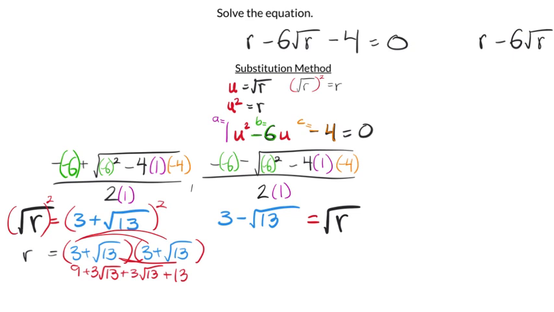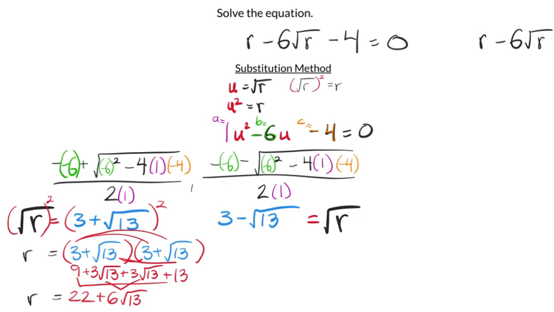So now, by combining like terms, I've got the 9 and the 13, which ends up being 22. And then I have my square root of 13 terms, 3 plus 3 of those, which is positive 6. So r, right now, ends up being 22 plus, whoops, forgot the square root of 13 right there, 6 of the square roots of 13. So that's one of our answers.